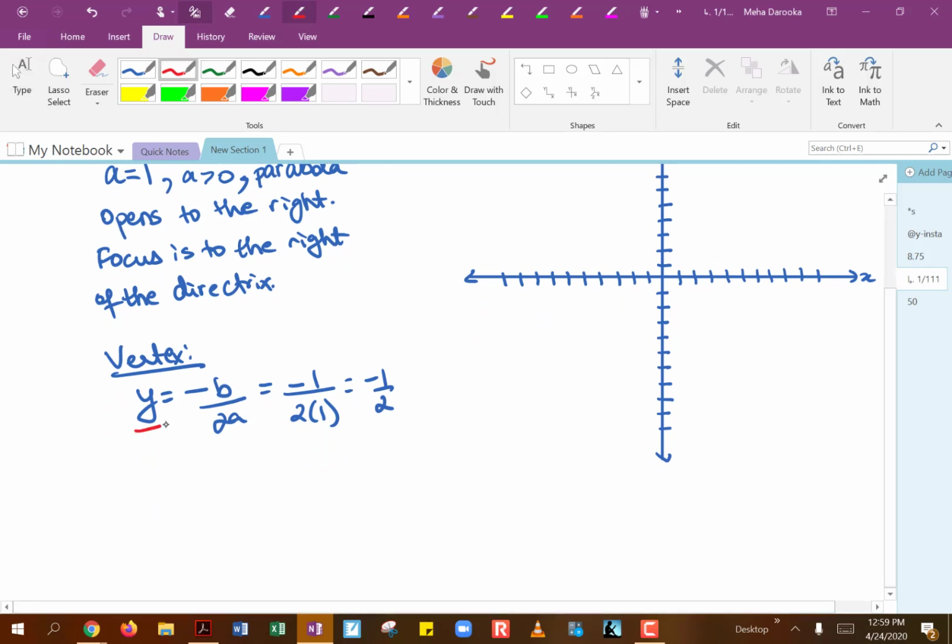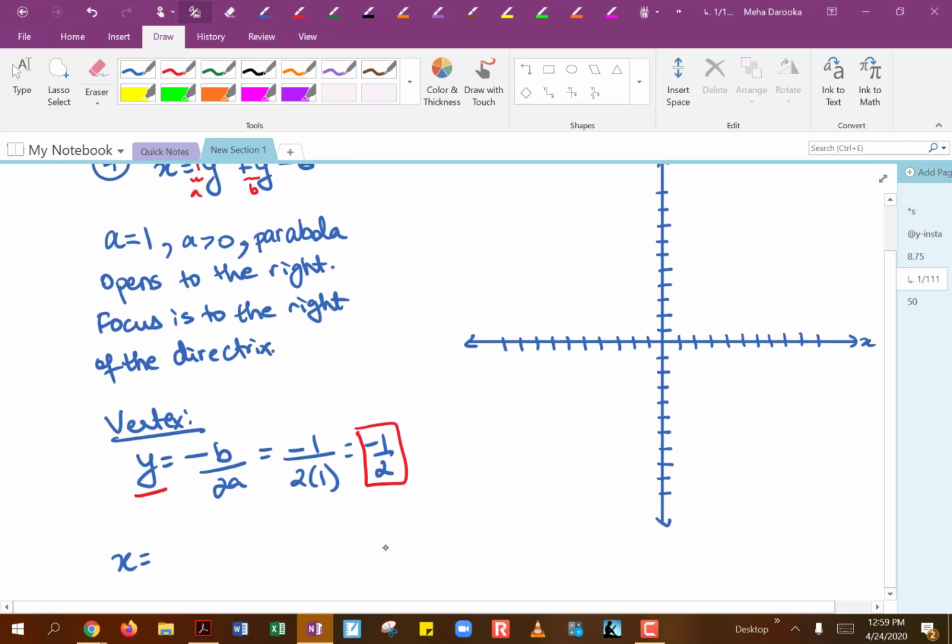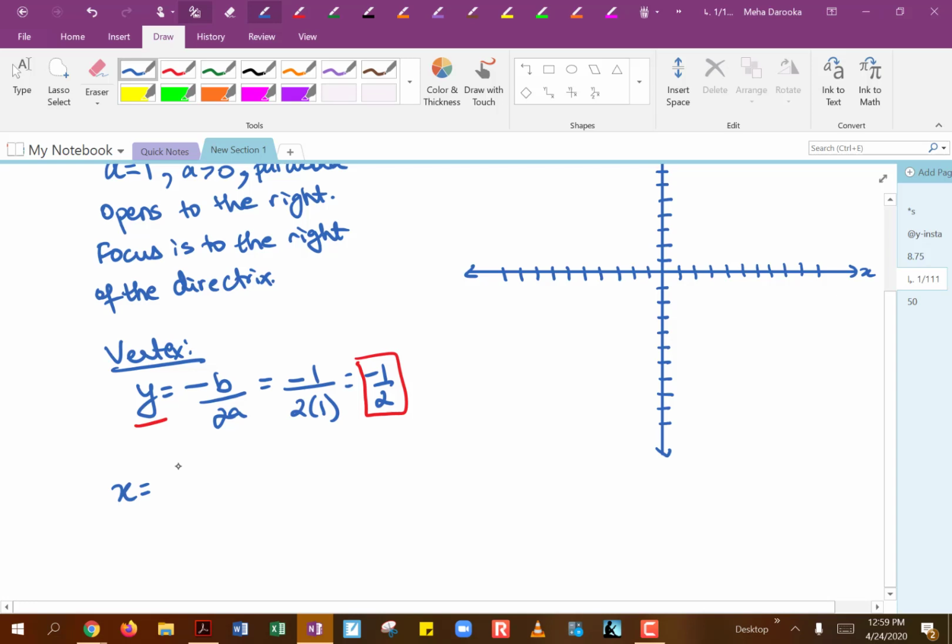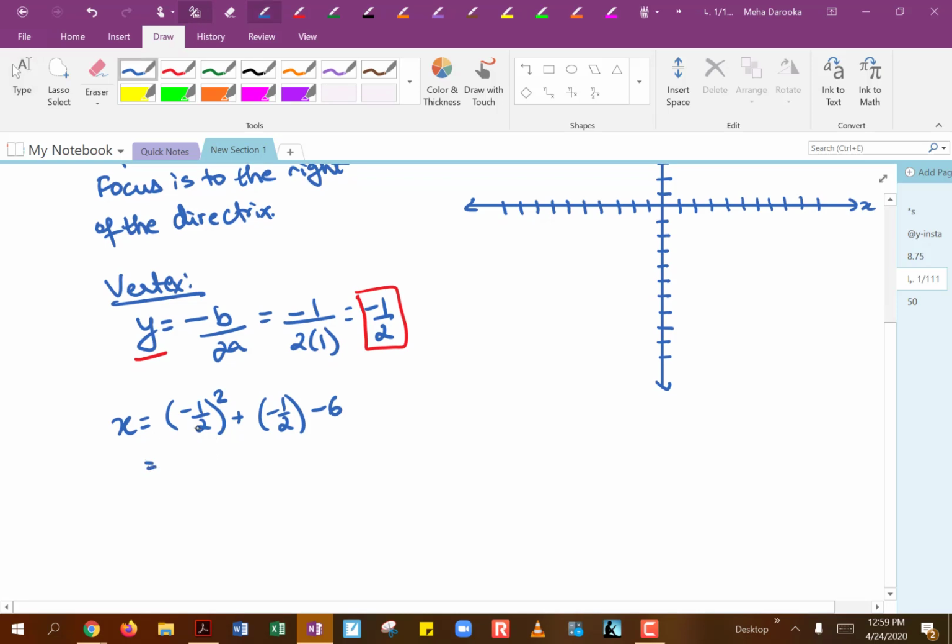Once you find the y coordinate, we can go back and find the x coordinate by plugging this into our equation. So x equals y squared plus y minus 6. Negative times negative becomes positive, so this will become 1/4, then negative 1/2, and negative 6. We need to find a common denominator for all of them.